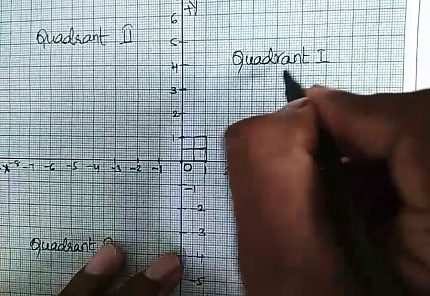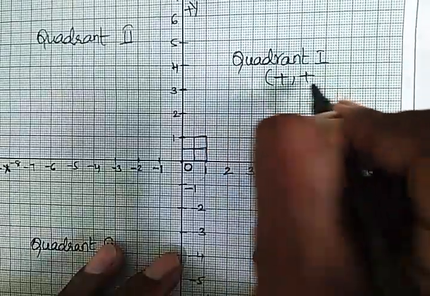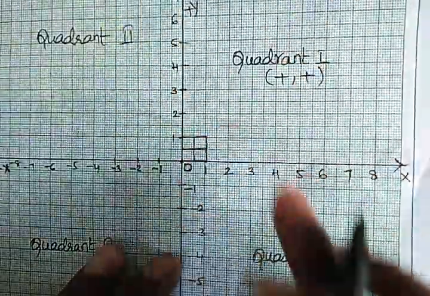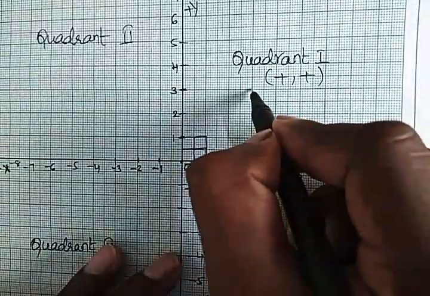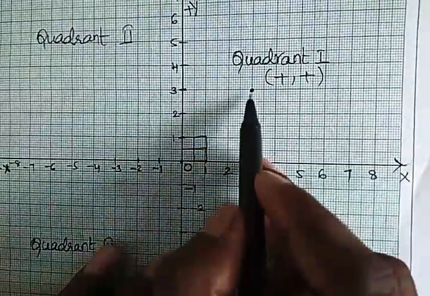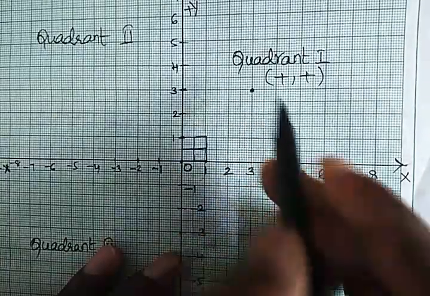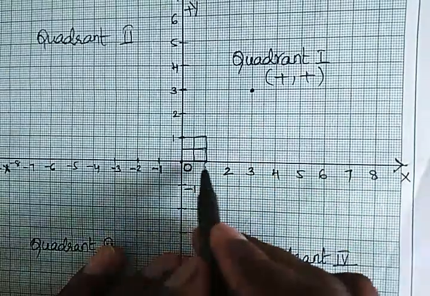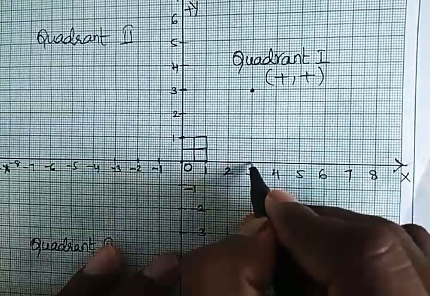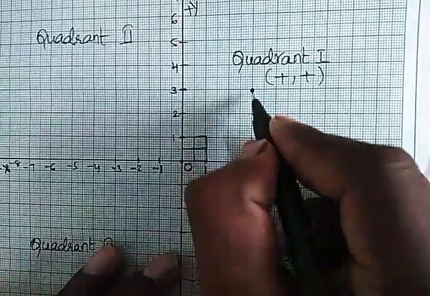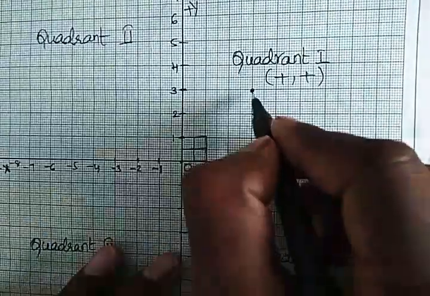So in quadrant 1 you will have both positive values, x positive values, y positive values. What does it mean? Suppose I mark a point over here, this lies in quadrant 1. To describe it, I use x as reference: it is 1, 2, 3 units away from the x-axis.